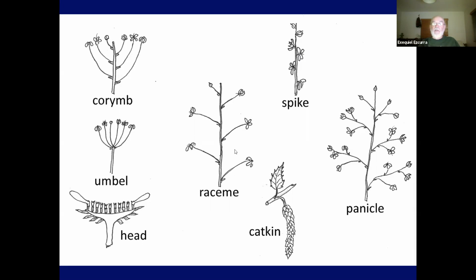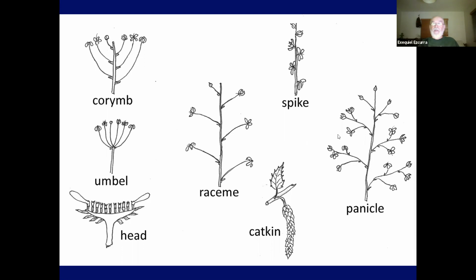The lateral branches may branch again, and then they may branch again and give more than one flower on each lateral branch, as the illustration shows here. When you have this type of inflorescence, we call it a panicle. So a panicle is a widely open inflorescence, a sort of profusely branched raceme that has more than one branching level, has primary branching and secondary branching at least, and that will make a panicle.